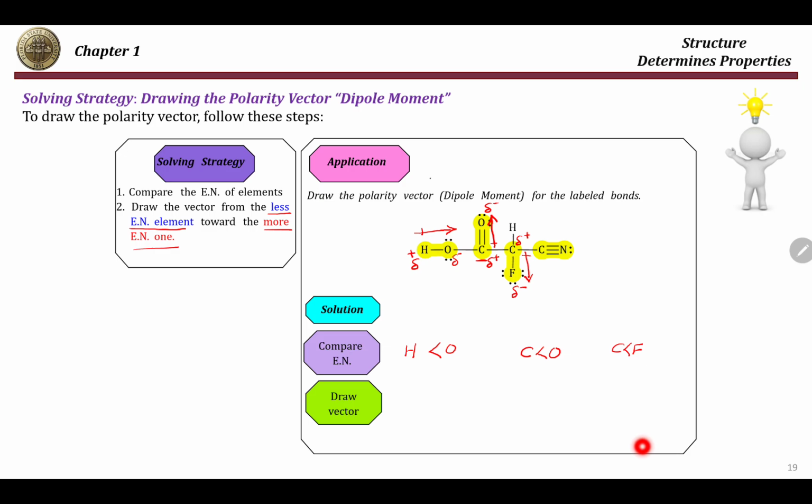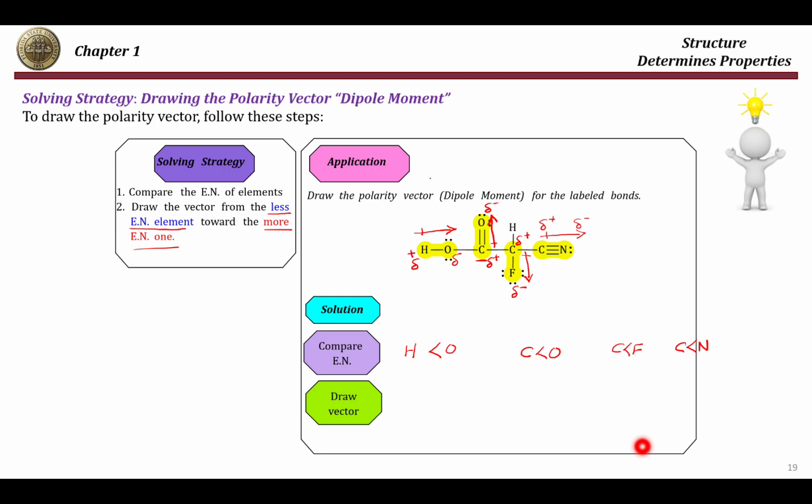High electron density at fluorine, low electron density at carbon. Same thing for the carbon and nitrogen bond. Carbon is less electronegative than nitrogen, so the polarity vector will be from carbon toward nitrogen. This is delta positive and this is delta negative. So this is how we draw the polarity vectors if we have elements with different electronegativity.